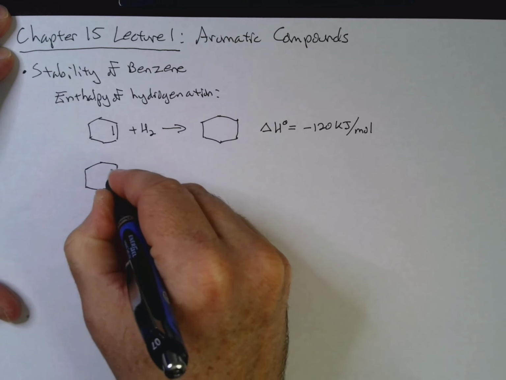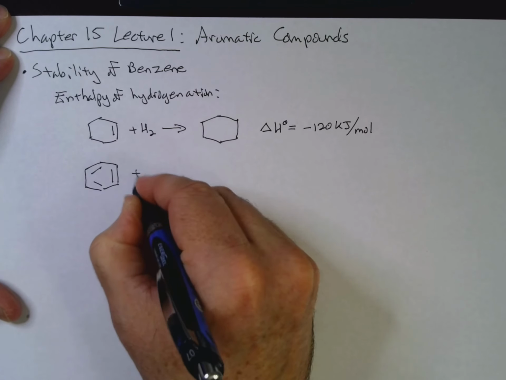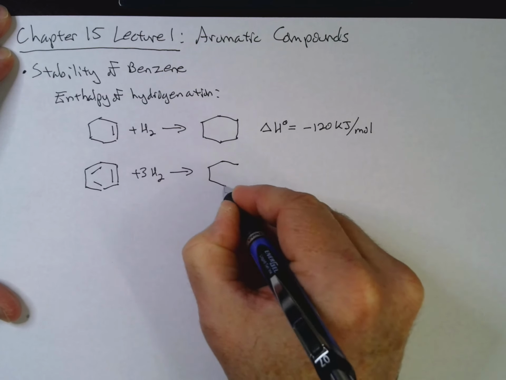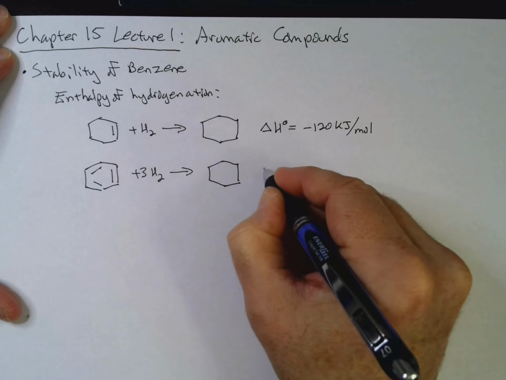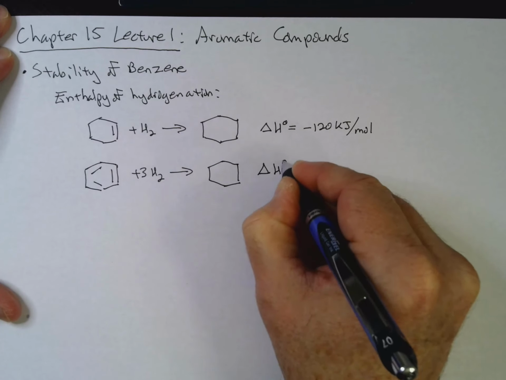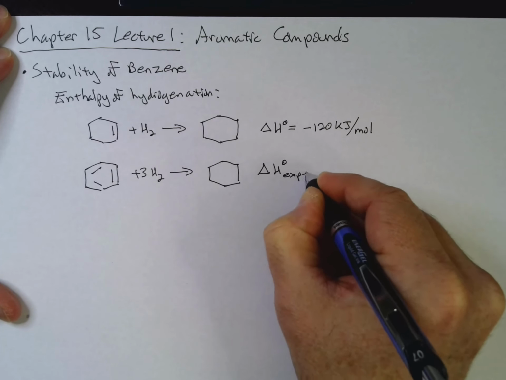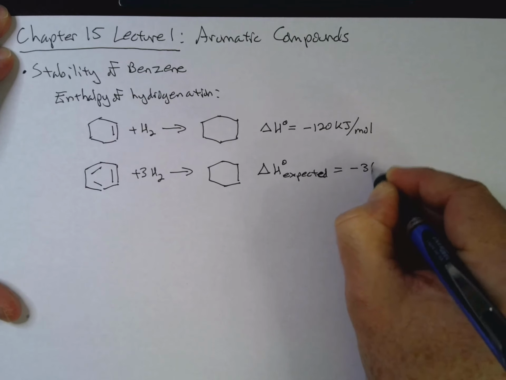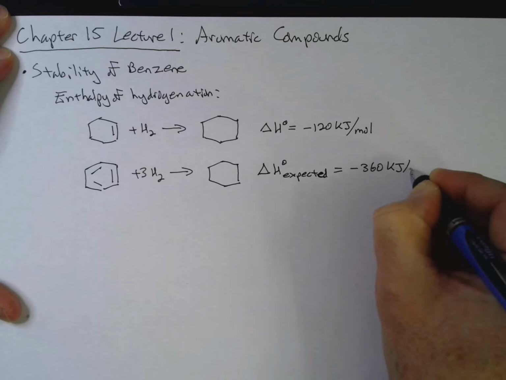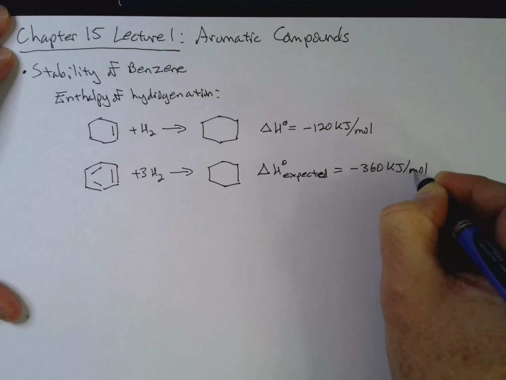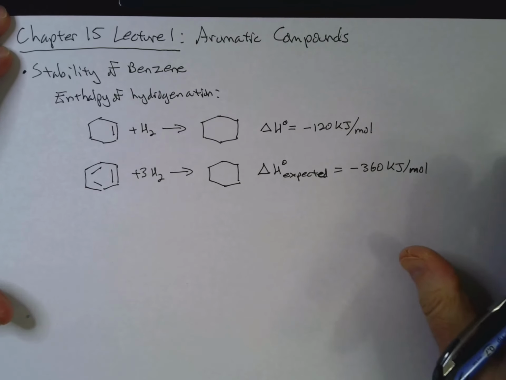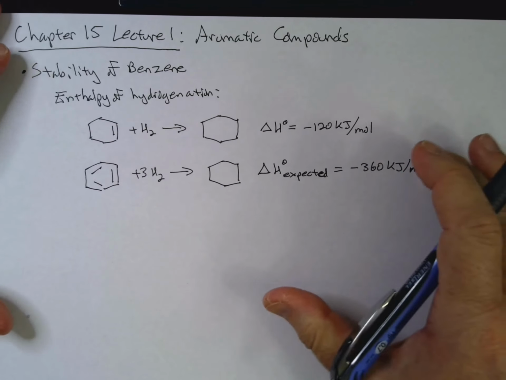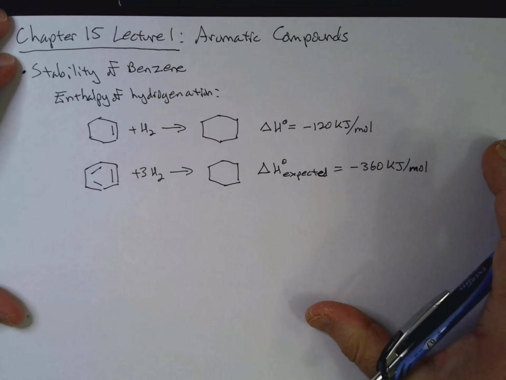If we do the same thing with benzene, we would expect, so our delta H naught expected would be minus 360 kilojoules per mole. And if you're reading the text, you'll see that the values that are reported for the actual and expected are slightly different, but only slightly different.